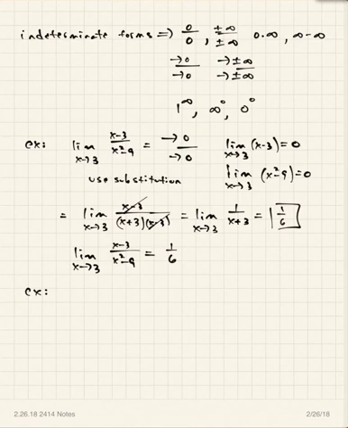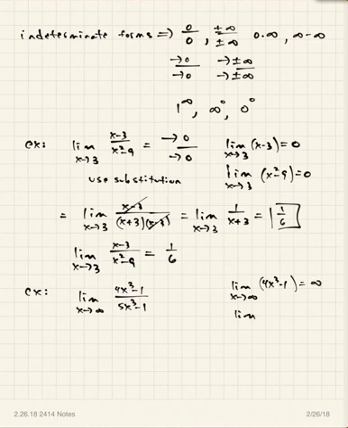Right? A limit like this one, the limit as x goes to infinity of 4x cubed minus 1 over 5x cubed minus 1. See what happens here? The limit of the numerator as x goes to infinity, as x gets large, is just infinity, right? And the limit as x approaches infinity of the denominator is also infinity.